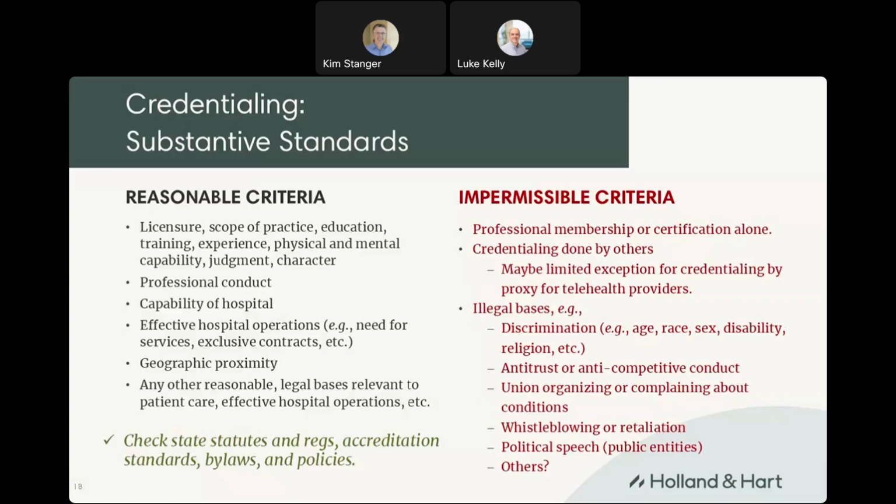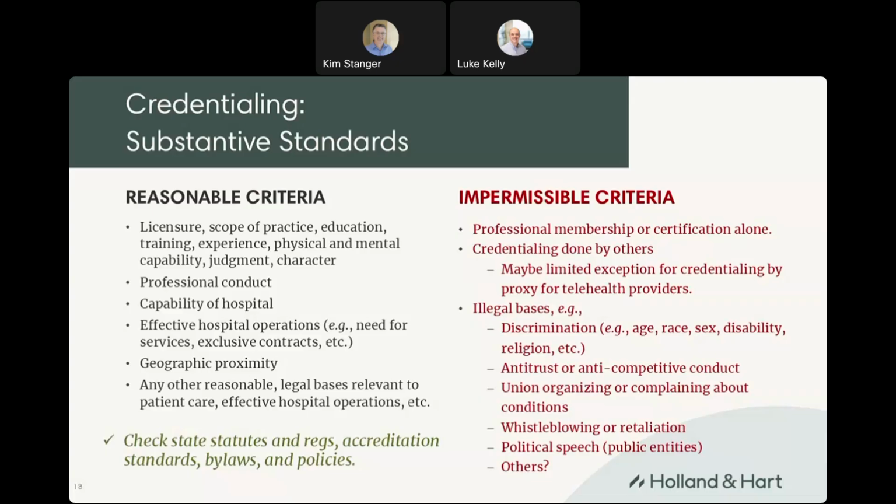For example, do you need those services? If not, then you don't necessarily have to allow somebody to practice there. Or exclusive contracts. Maybe you feel like you'd be better with an exclusive, and in most states you can enter into exclusive contracts. Geographic proximity, or any other reasonable legal bases that are relevant to patient care or effective hospital operations, you can generally use those as criteria for your credentialing standards.